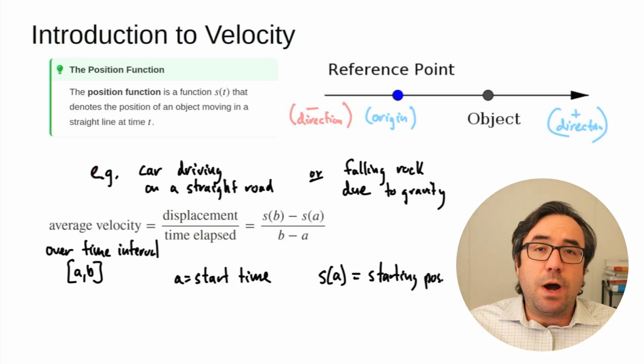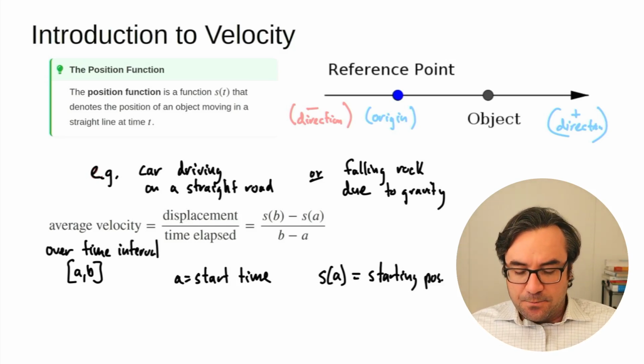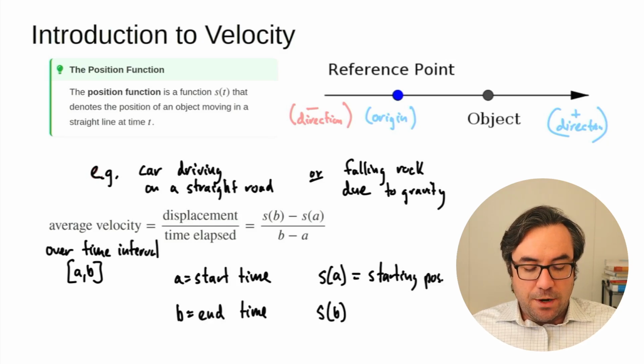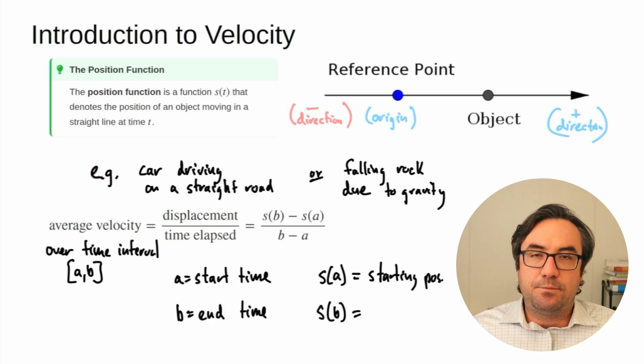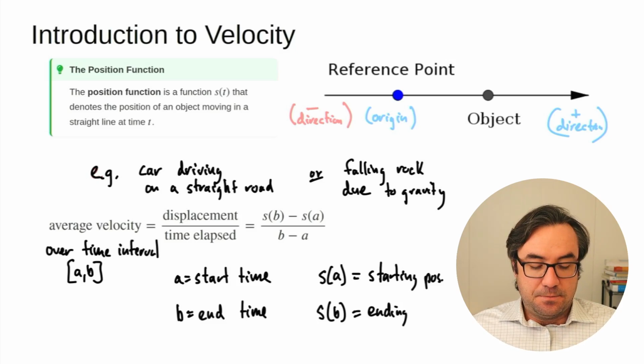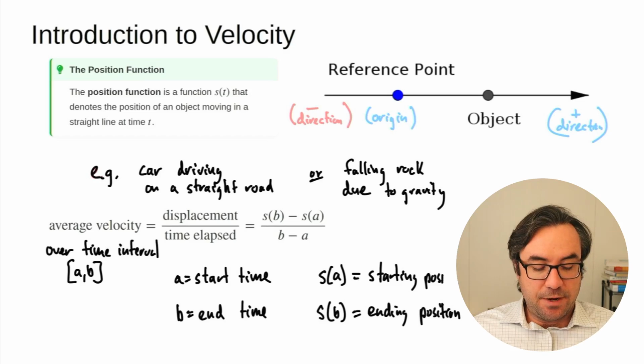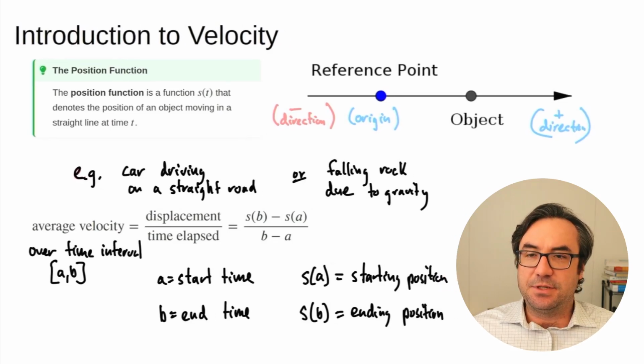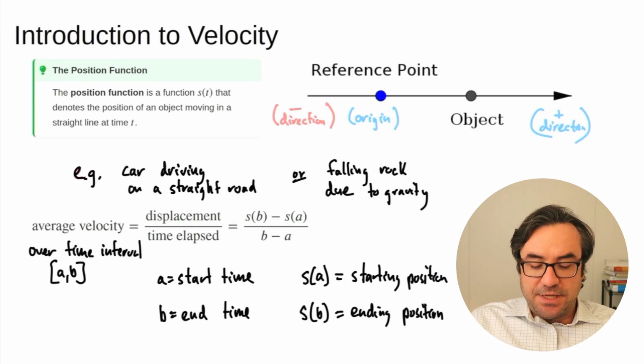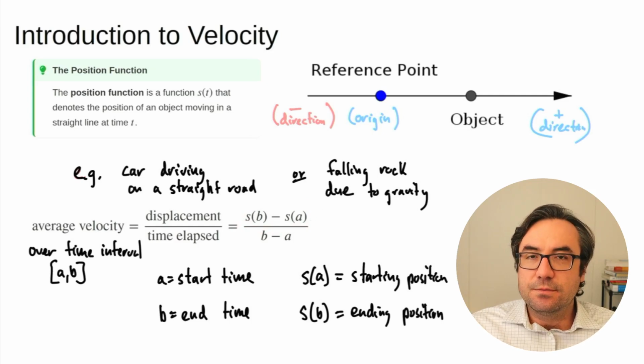Doesn't matter. We're just going to watch what our object does. And then we're going to pick an end time where we record where our object ends up. So what's the ending position of our object? We have our starting position and we have our ending position. And that's what this average velocity calculates. It's calculating how far did our object move divided by how much time did it take.